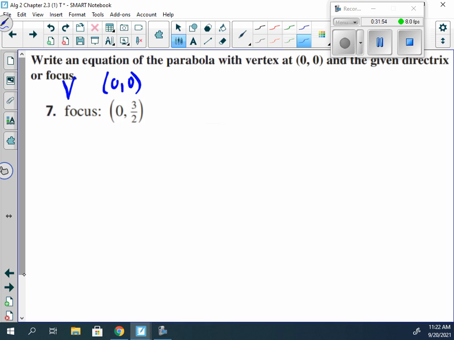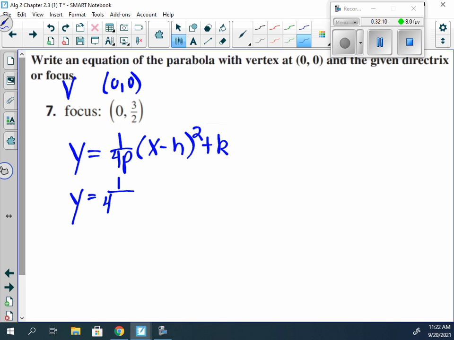The y equals 1 over 4p times (x minus h) squared plus k. We don't know what p is quite yet, but I do know the values of h and k are both 0.